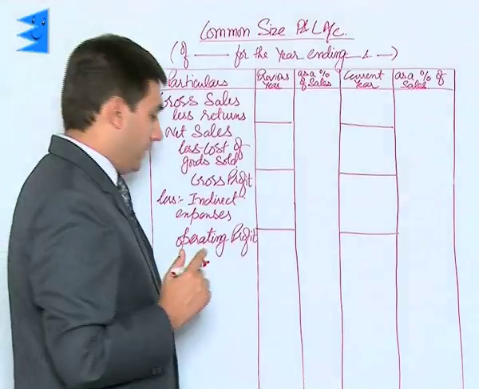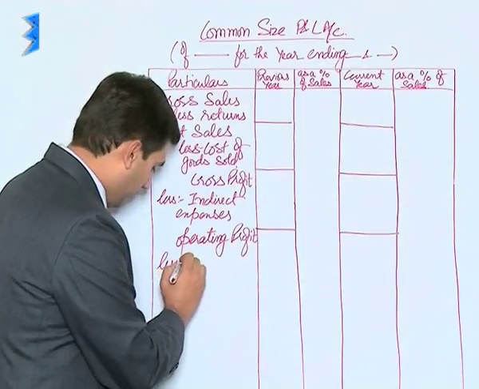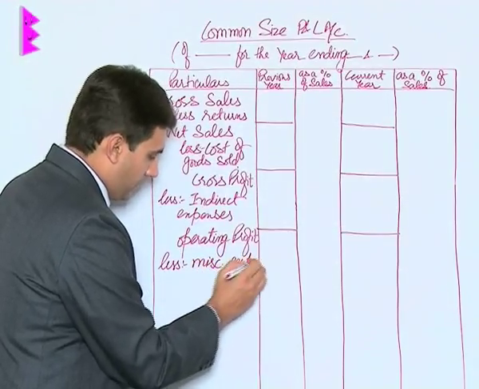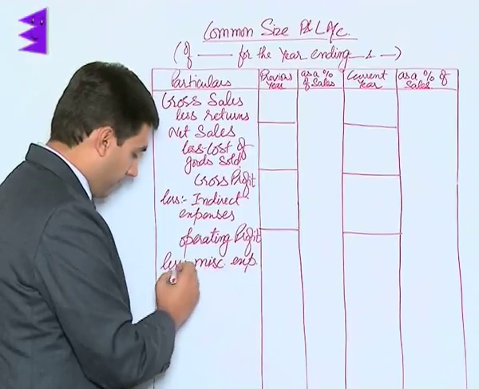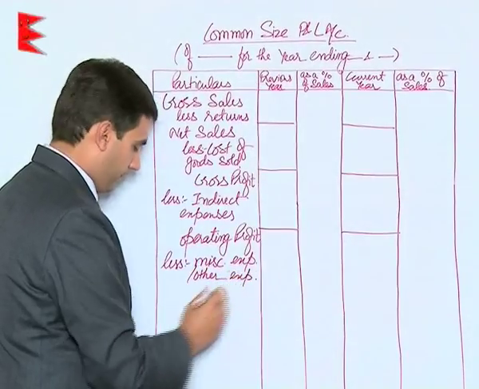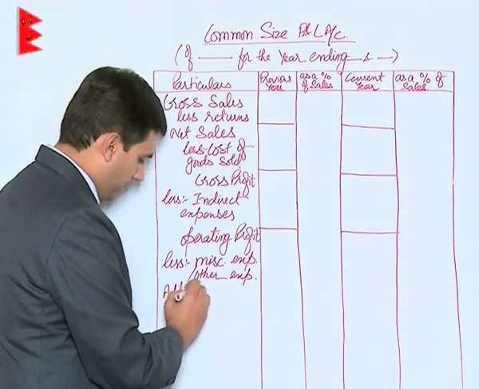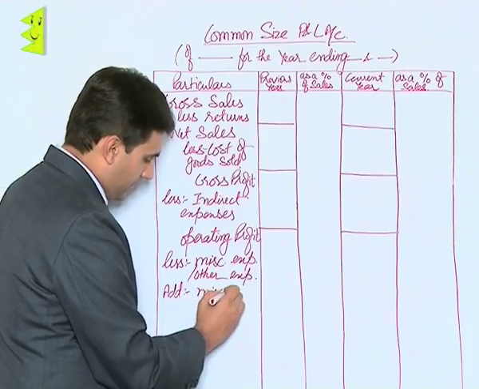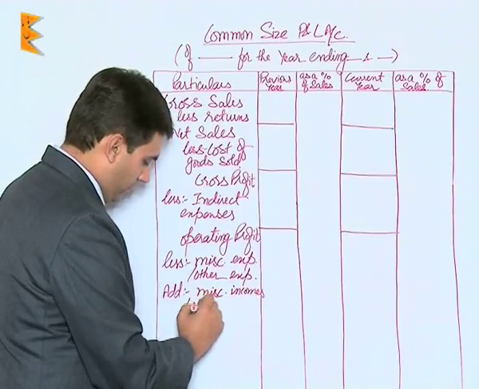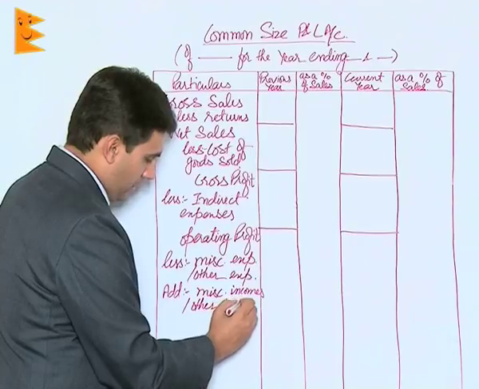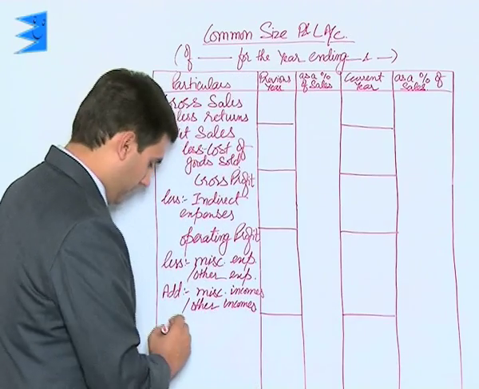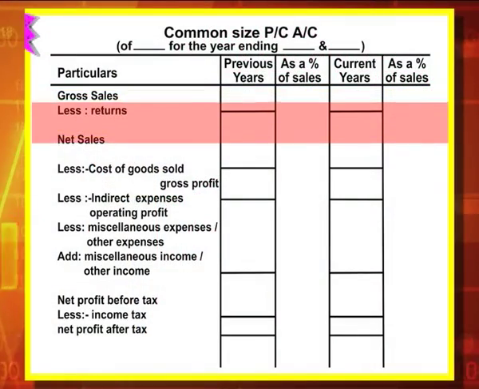Out of this operating profit, we will then deduct miscellaneous expenditures, or we can also write it as other expenditures. We will add miscellaneous incomes or other incomes. Totaling it out, we will get net profit before tax.